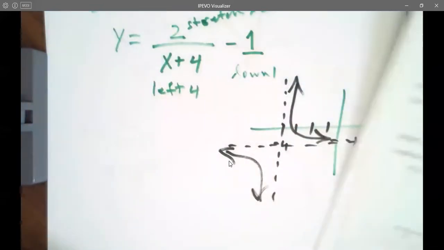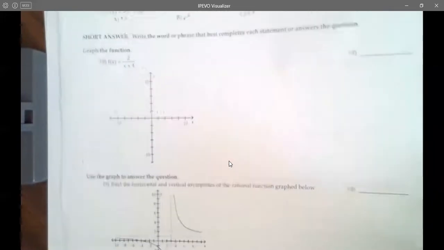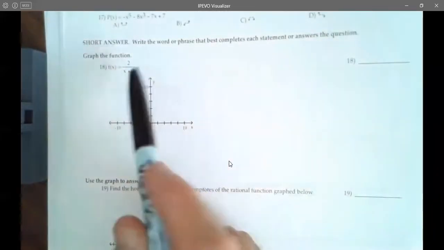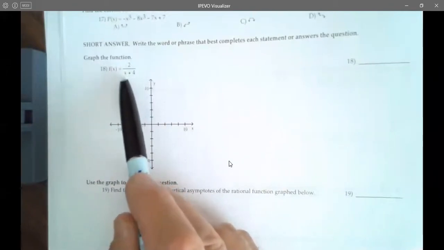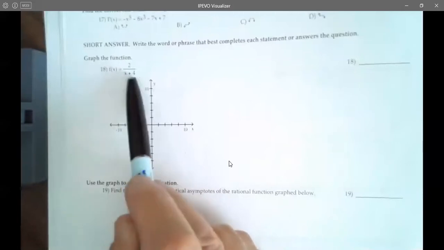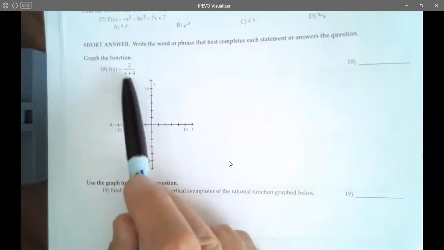But they're not going to distinguish between something that stretches and something that doesn't, so you don't really need to worry about that. We're almost out of time, so I'll go ahead and tell you. If it's down in the denominator, it'll shift like it's in parentheses. So it'll shift left 4.